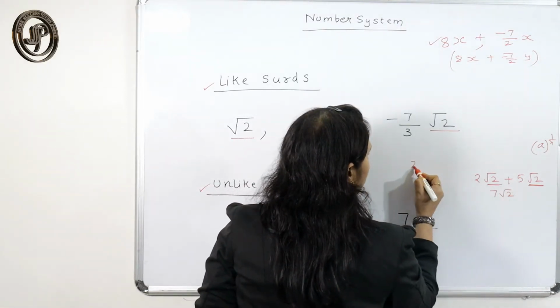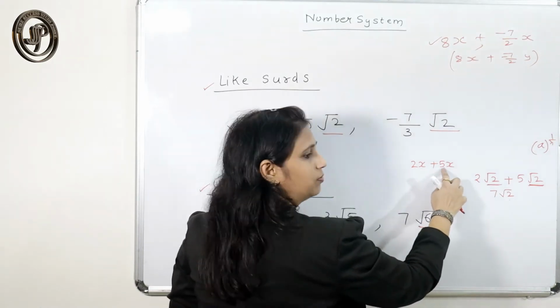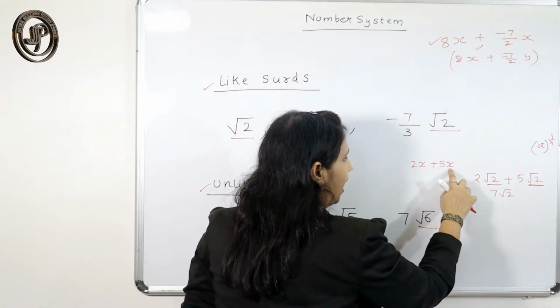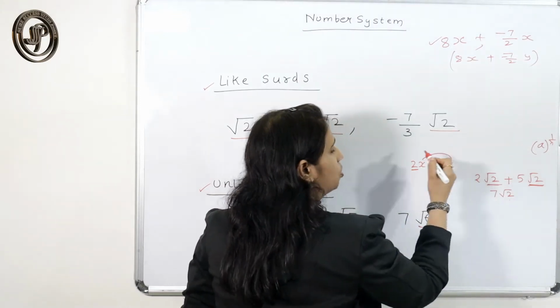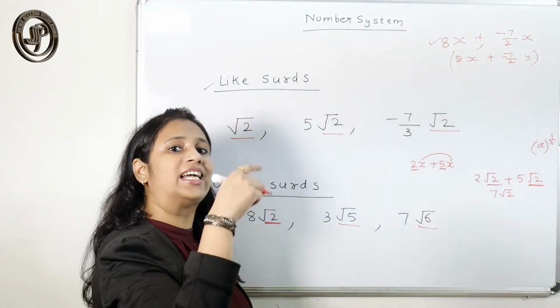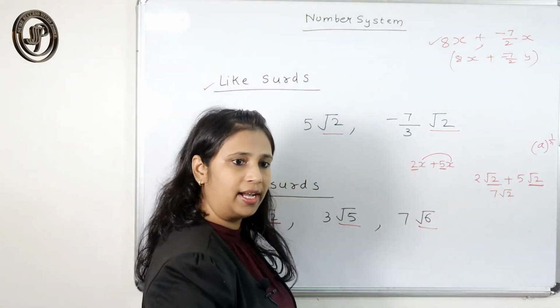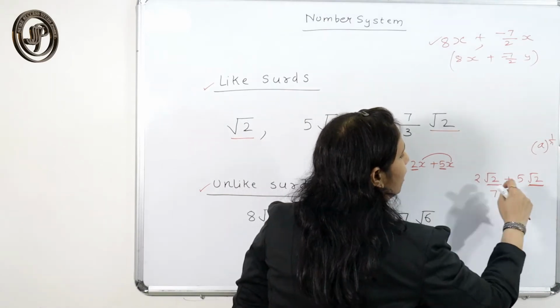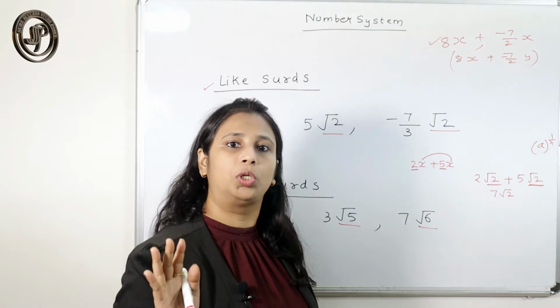Compare this with 2x plus 5x: you just add the numbers only, you are not going to touch x. You can't write x as x square while adding. So your answer will be 7x. Similarly, if you add these two, your answer will be 7 root 2.